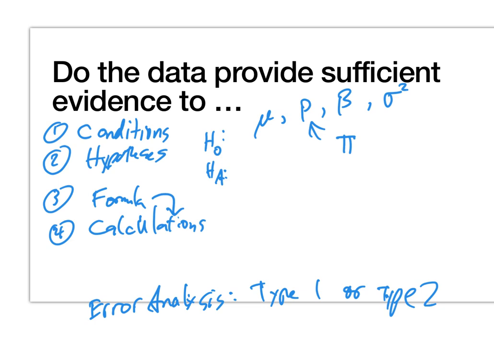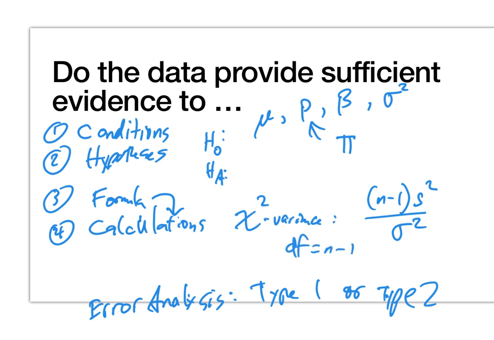So if I'm doing the test on the variance, and that would be for one sample, a chi-squared test on the variance, that would be n minus 1 times s squared over sigma squared. And then I'd use that in a chi-squared distribution, df equals n minus 1.